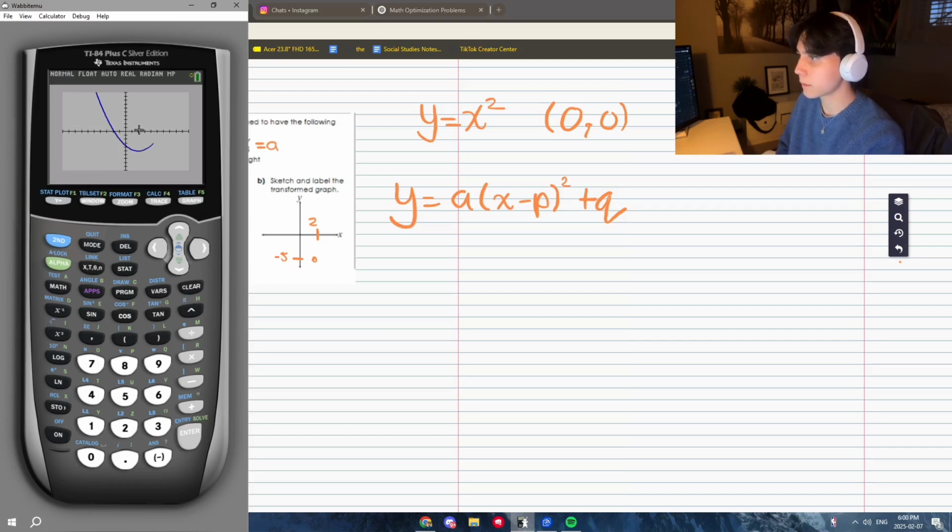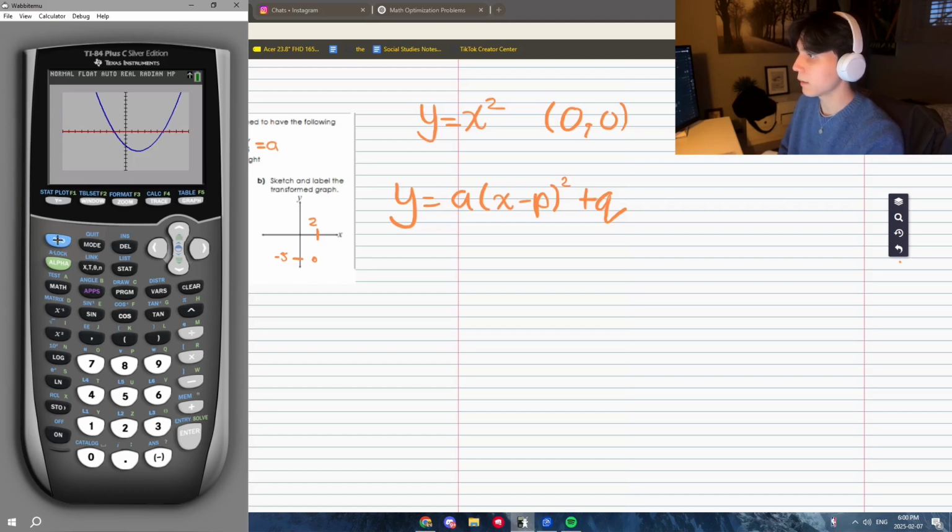So we have our vertex at 2 comma negative 5 here. But what we're going to do is we're actually going to find the two x-intercepts to graph this properly. So what you do is you set your y1 to your equation, and then you put your y2 as 0, because where the graph crosses the x-axis, you want to find the intersection point.